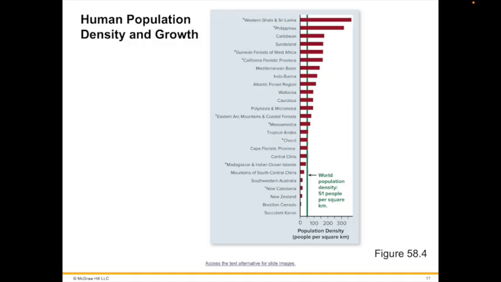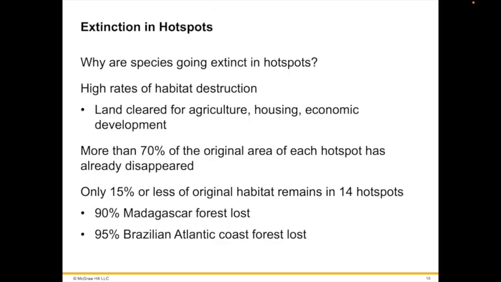Similarly, many forests in Central and South America are cleared to make way for cattle ranches that produce cheap meat for fast food restaurants. Hotspots in more affluent countries are often at risk because they occur in areas where land has great value for real estate and commercial purposes, such as in Florida and California in the United States.